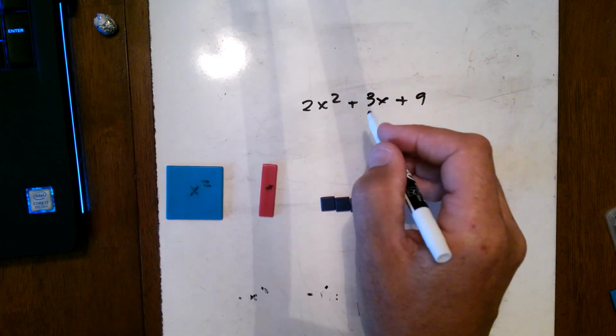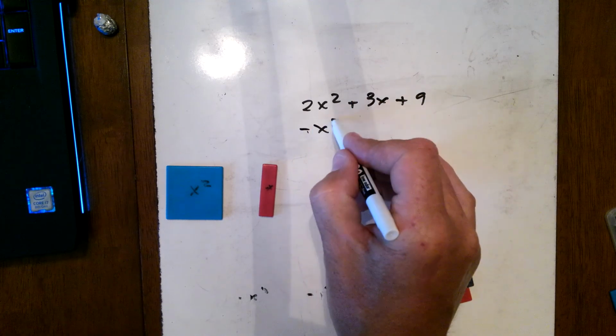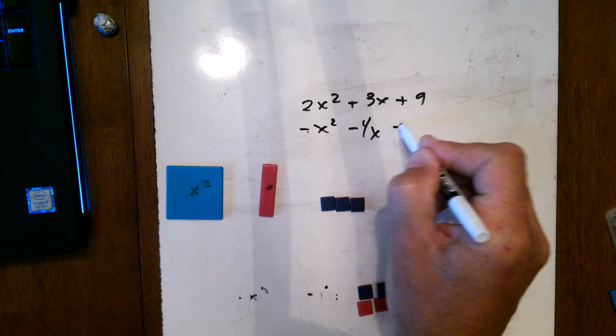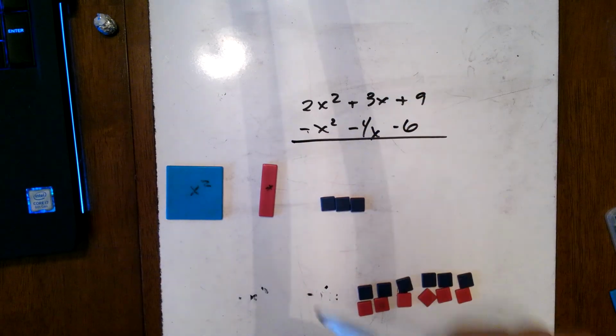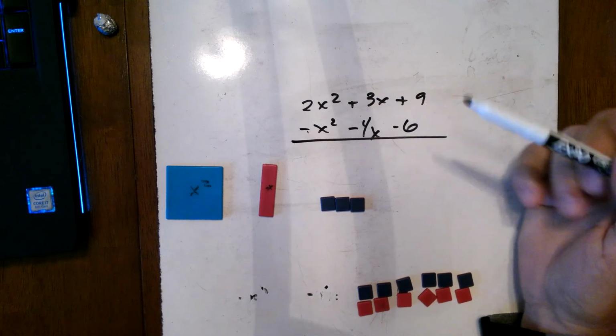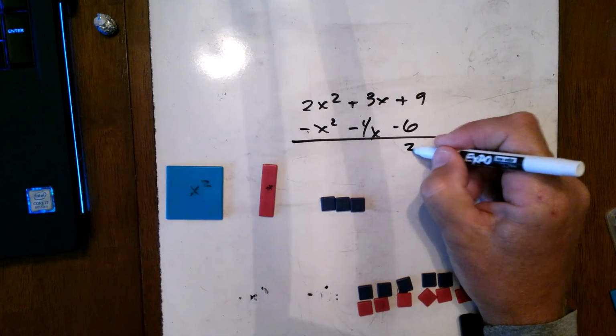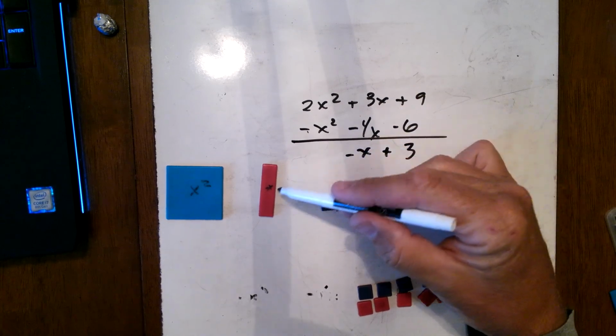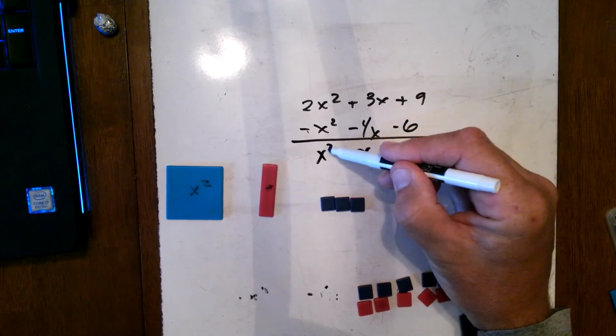On the bottom, the other one was minus x squared minus 4x minus 6. So we look at this, combine them. When we did that, we're left with 3. We're left with a negative x, and we're left with an x squared here.